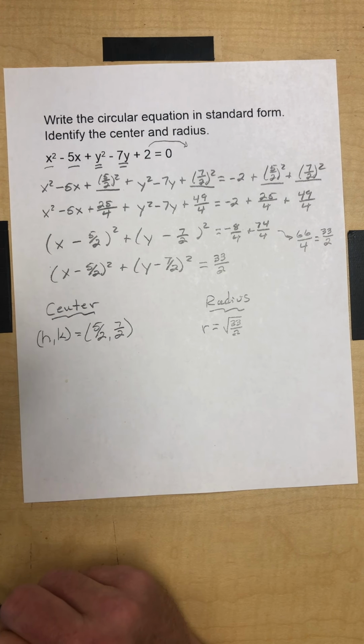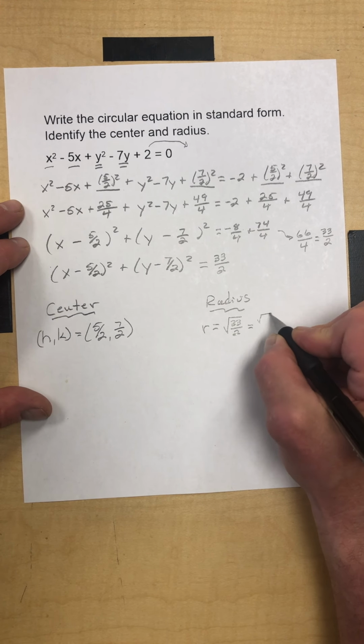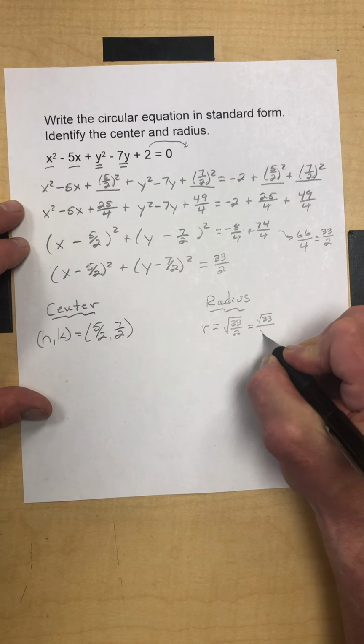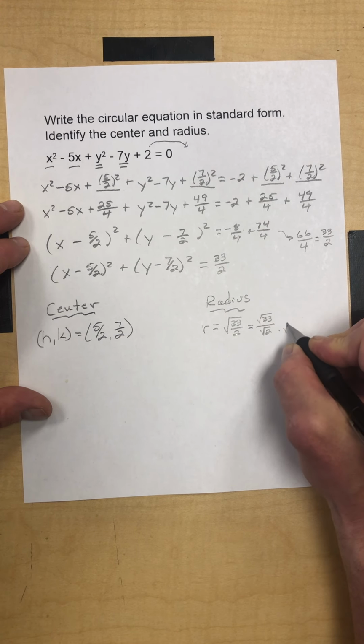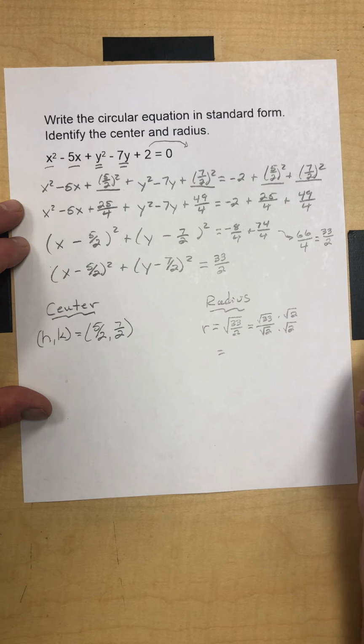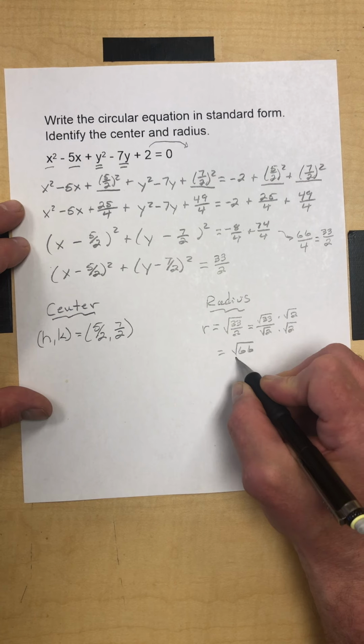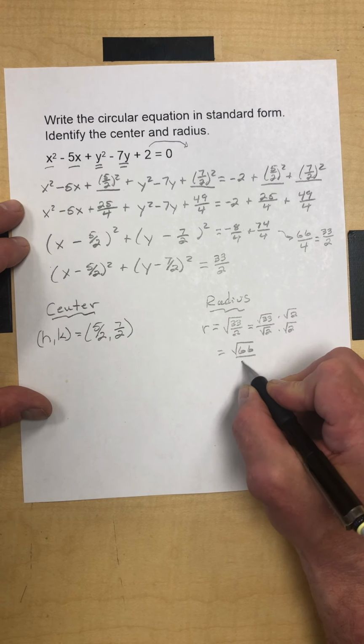All right, now 33/2 is not a perfect square. We've got to rationalize here. So remember, this guy would be like radical 33 over radical 2. So to rationalize, I've got to multiply above and below by radical 2. And that gives me radical 66 over 2.